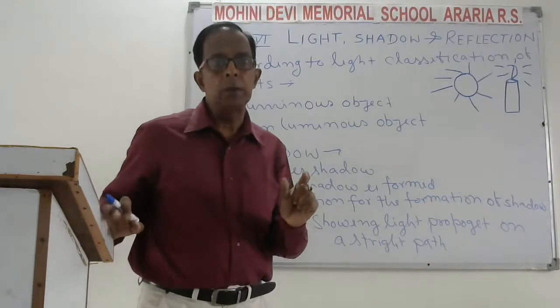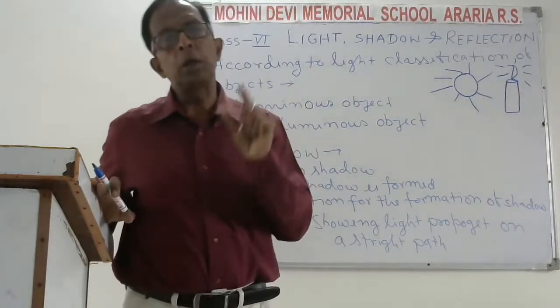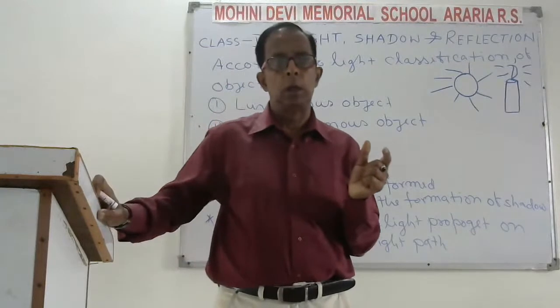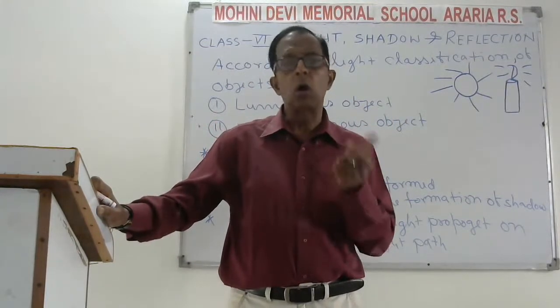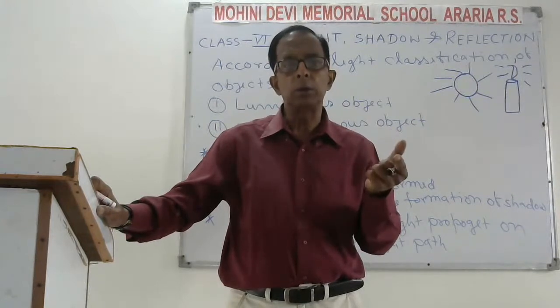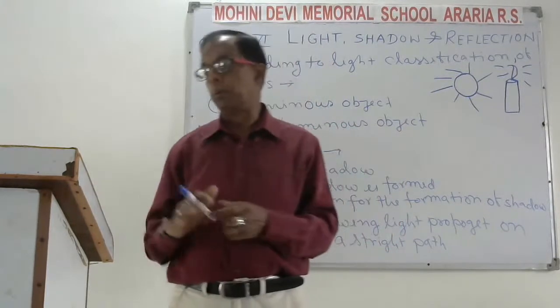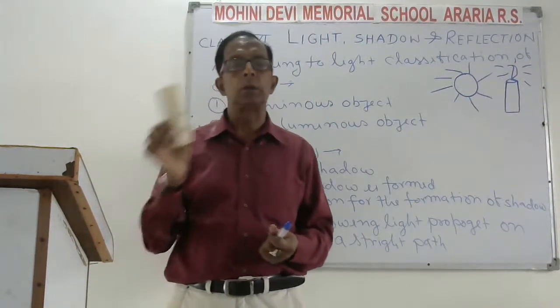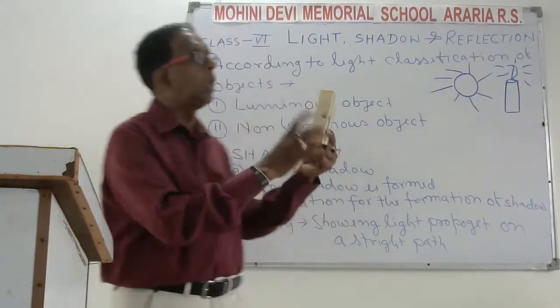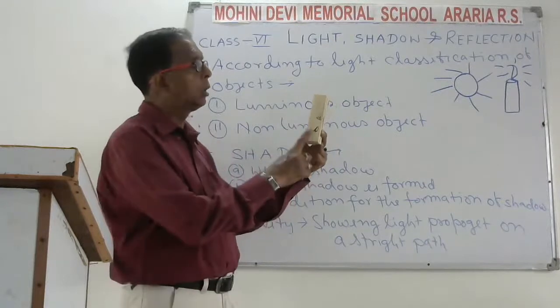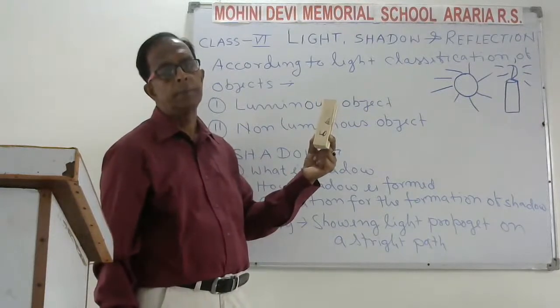An object which have not its own light, which does not emit light, is called non-luminous. For example, my children, this duster, it has not its own light. It does not emit light.